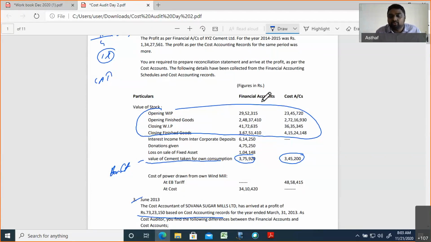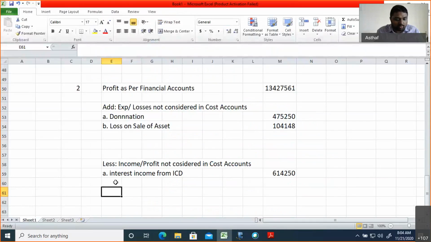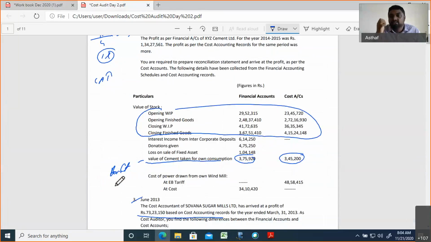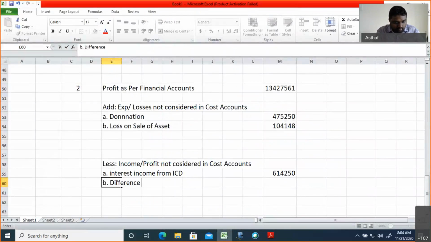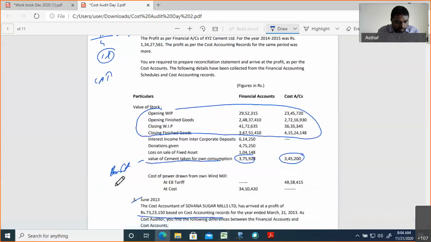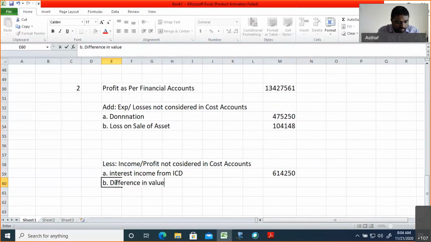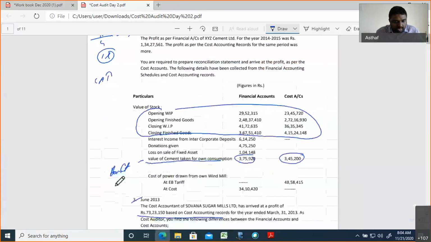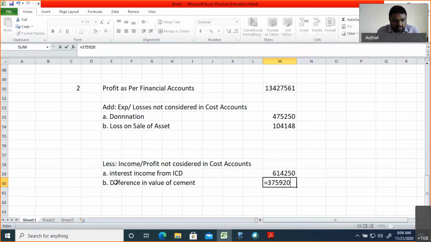Financial is more, cost is less. If cost is less, cost profit will be less, so we have to deduct, because we are finding the cost profit. So the difference in value of cement: 3,75,920 minus 3,45,000.